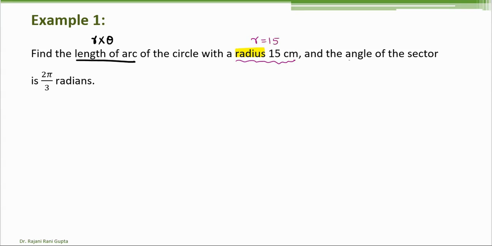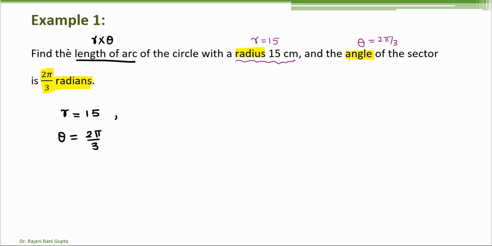And with the angle of the sector as 2 pi by 3 radians. How do we denote the angle? We denote it by theta, and its value is 2 pi over 3. So for this example, R is 15 and theta is 2 pi by 3.